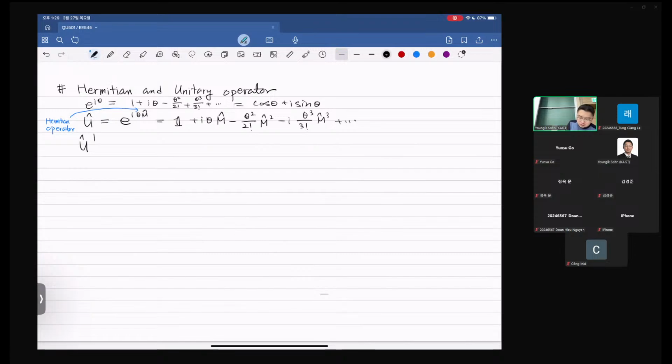What I'm going to calculate is U dagger, okay? U dagger, e to the i theta M operator's Hermitian conjugate, okay? So this is not difficult. You can just take the Hermitian conjugate of all the terms.